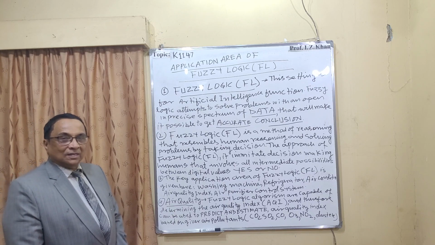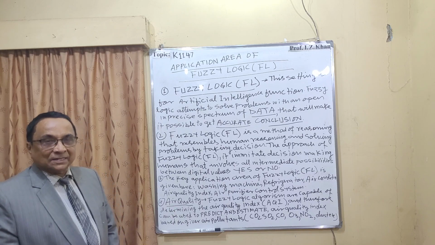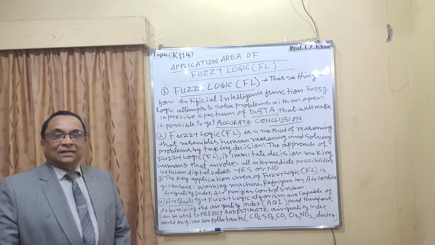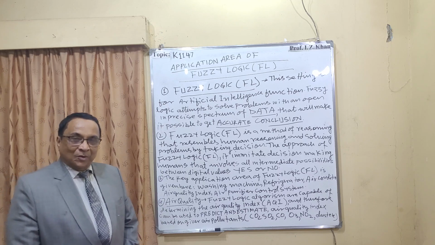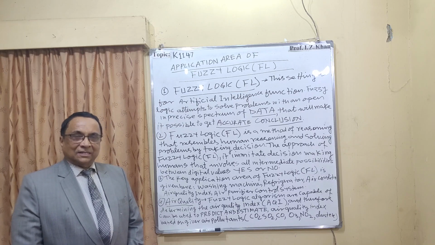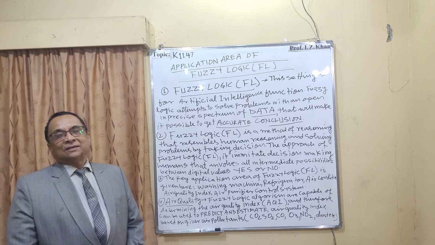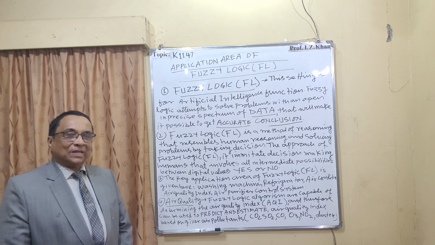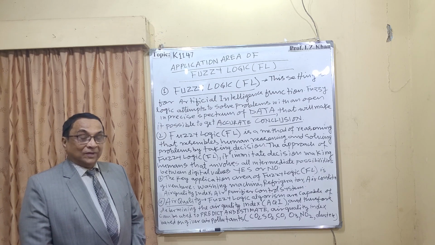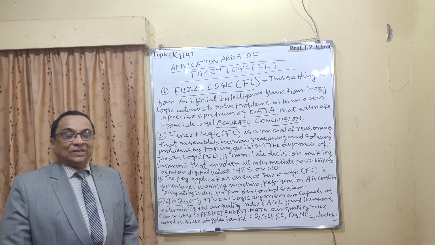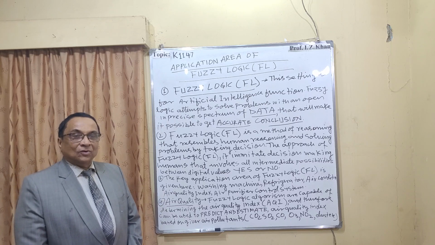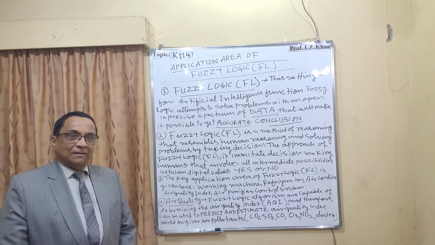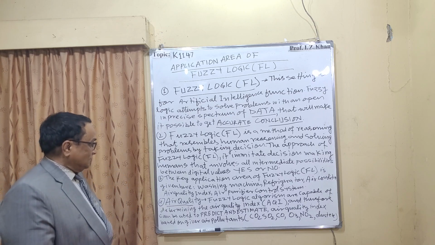Data means the percentage of carbon dioxide, carbon monoxide, nitrous oxide, sulfur dioxide, then dust particulates, water vapor, all factors, smoke, and then flying ash. On the basis of all those, it will give the air quality index, and whether it is good, harmful, or hazardous. All factors will be decided by fuzzy logic.